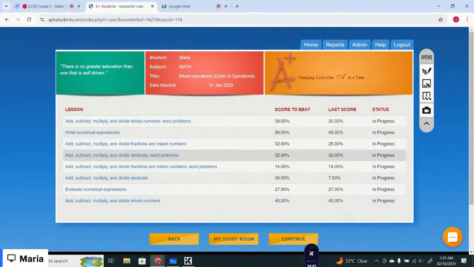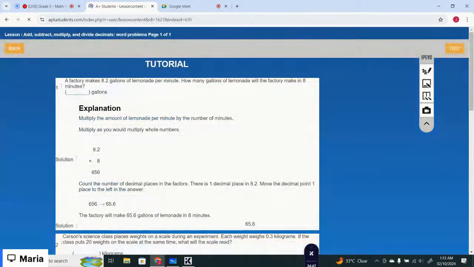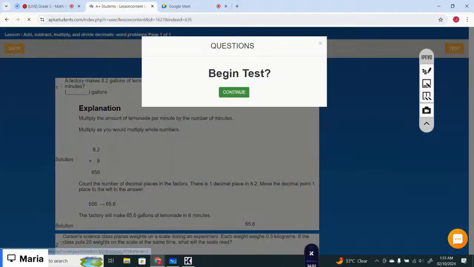So let's just start with the lesson. Let's start with the test questions, right? You can have a look at the tutorial by yourself.